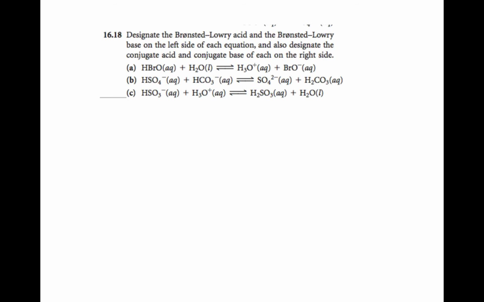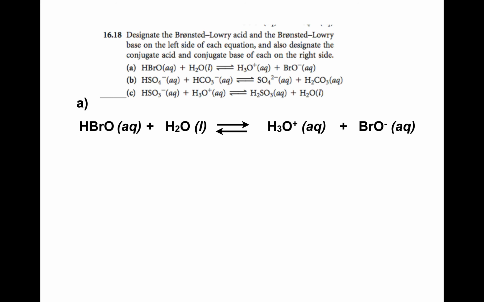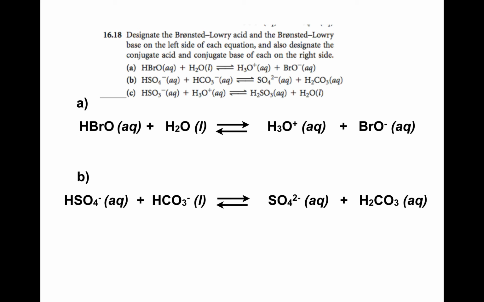Designate the Bronsted-Lowry acid and Bronsted-Lowry base on the left side of each equation, and also designate the conjugate acid and conjugate base of each on the right side. All right, so with A, we've got hypobromous acid reacting with water, and hydrogen sulfate reacting with bicarbonate to form sulfate and carbonic acid.